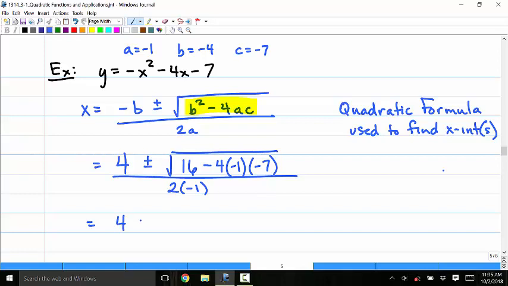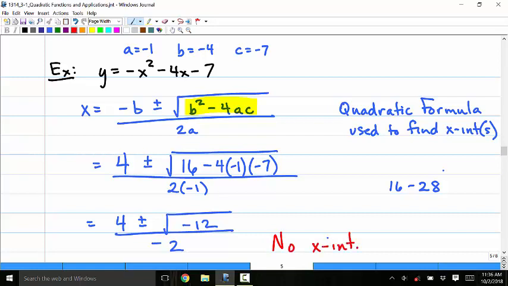So I get 4 plus or minus the square root of, what is that, 16 minus 28 underneath there? Yeah. So negative 12. Can't have a negative. Cannot have a negative under the radical, so there are no x-intercepts. And it's because of that value. It's negative. No negative. Got it? Yep.